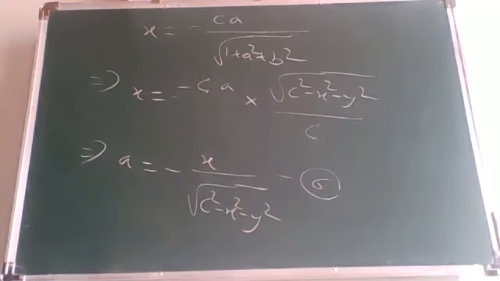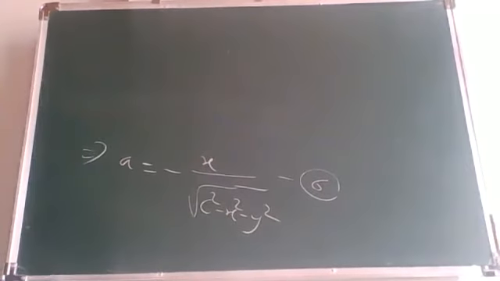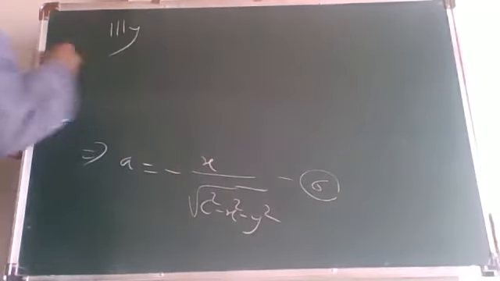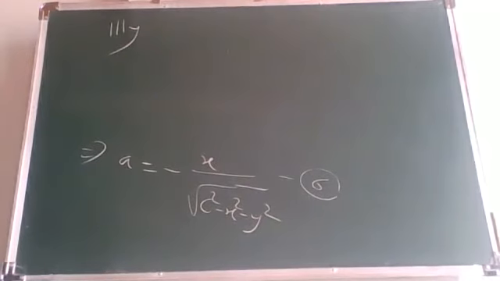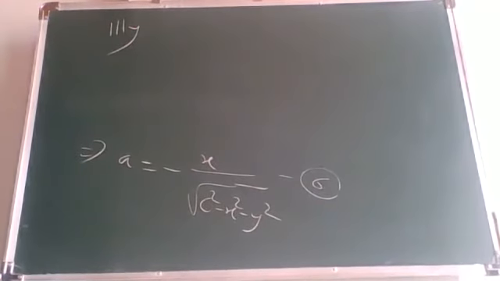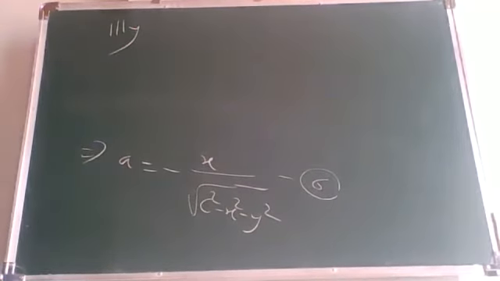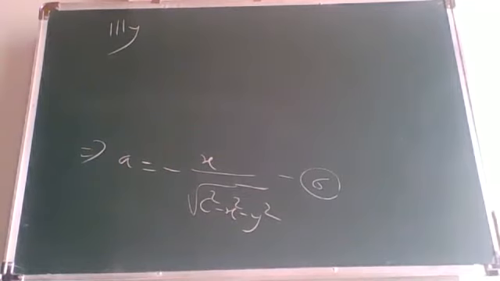Similarly, find the value of small b. Putting equation 5, is it 5? 1 upon square root of 1 plus a square plus b square.